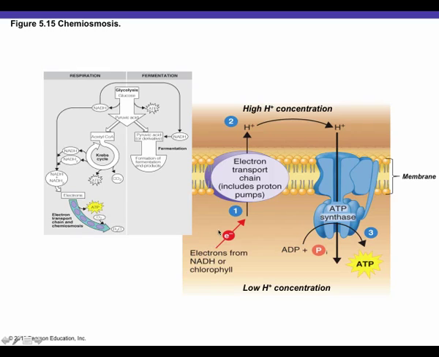We have our electrons going through our electron transport chain, pumping out our protons, high proton concentration, low proton concentration, wants to flow into the cell. We allow it to come through this ATP synthase, and every time it comes through, these turbines spin, and then allowing this phosphorylation of ADP to make ATP. Right? And that is oxidative phosphorylation.